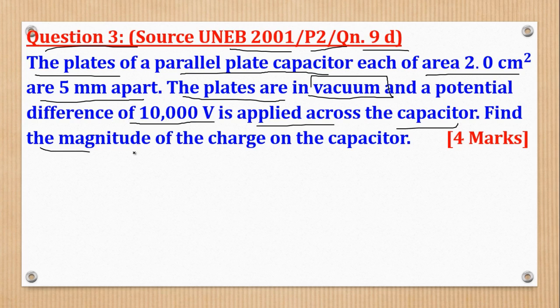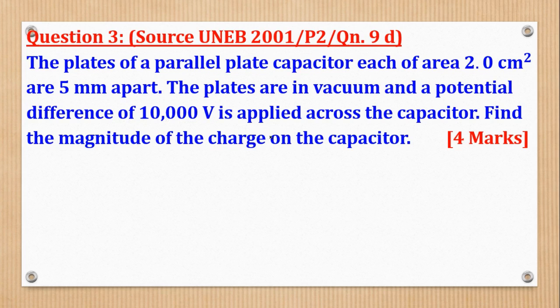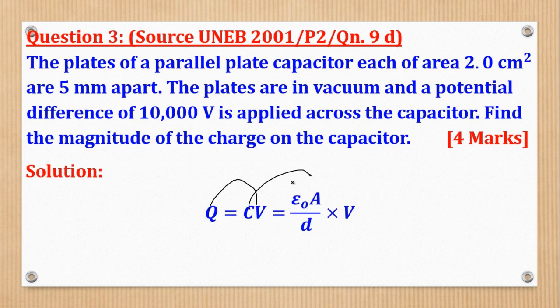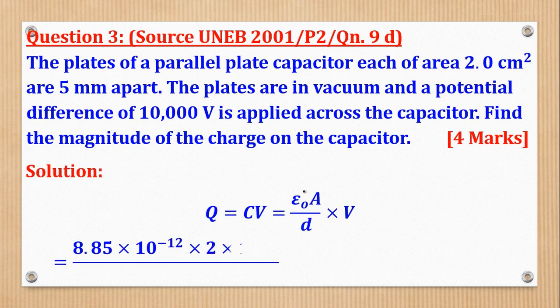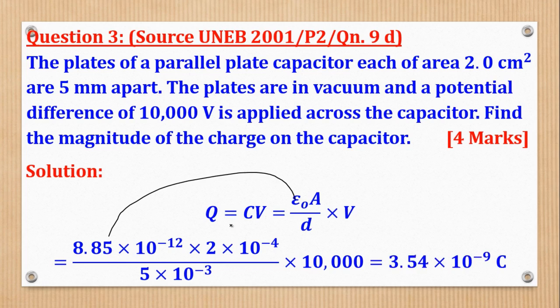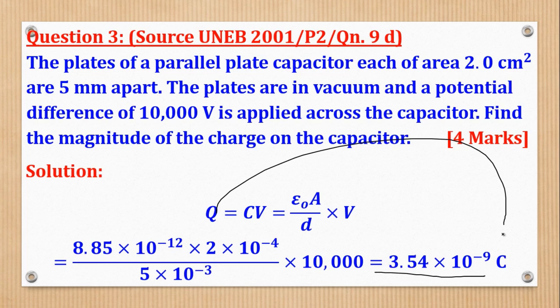Find the magnitude of the charge on the capacitor. Still we shall use the same formula. Q is equal to CV, where C is this. After that we shall substitute for the constant, the area, the separation, and then the PD. When that is done, you'll use the calculator and come up with this as the charge they wanted in coulomb.